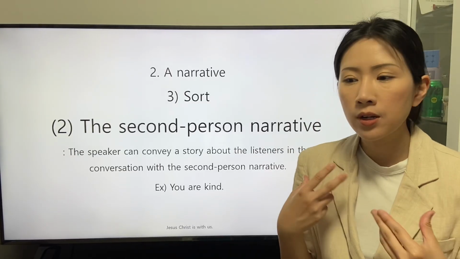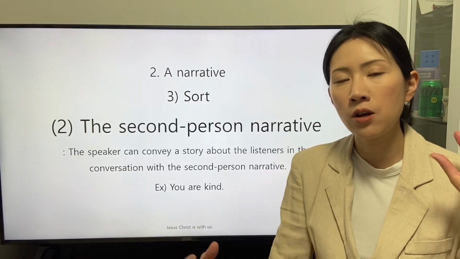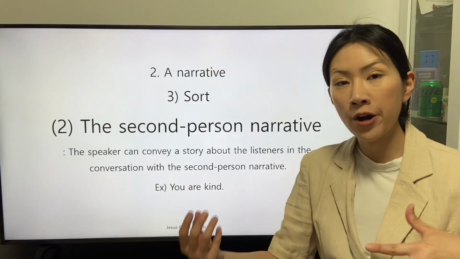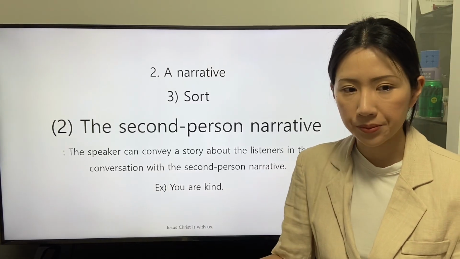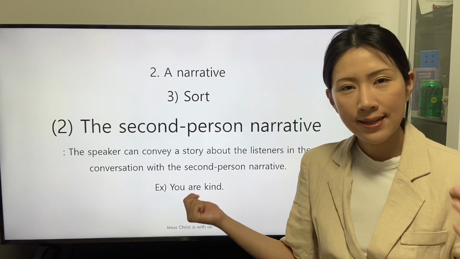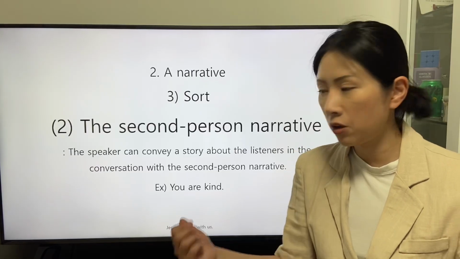The speaker reveals the subject of the example are the listeners with the personal pronoun you, and the be verb are describes the existence of the listeners.